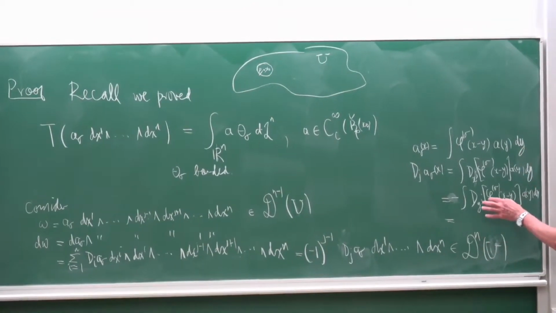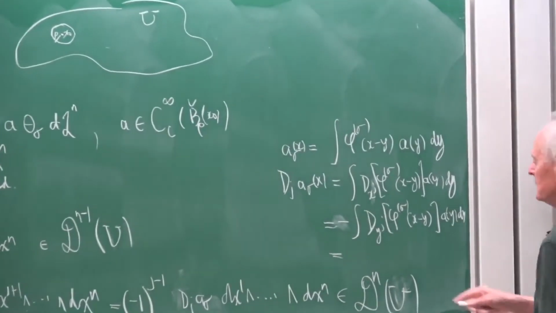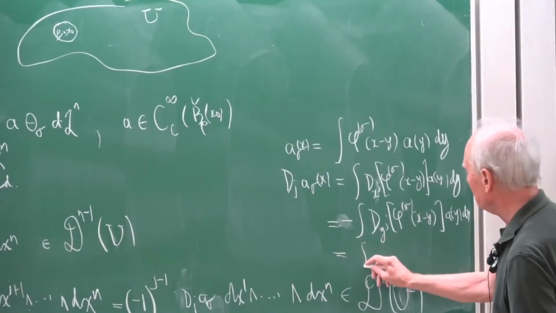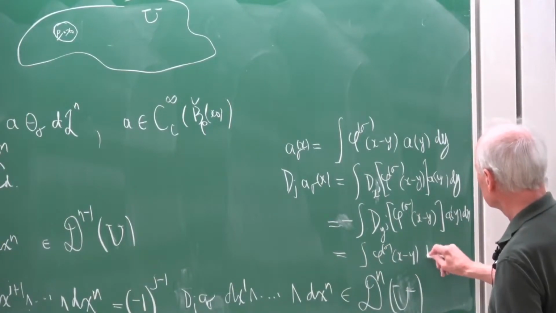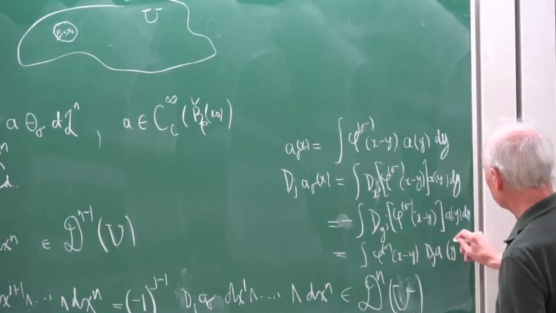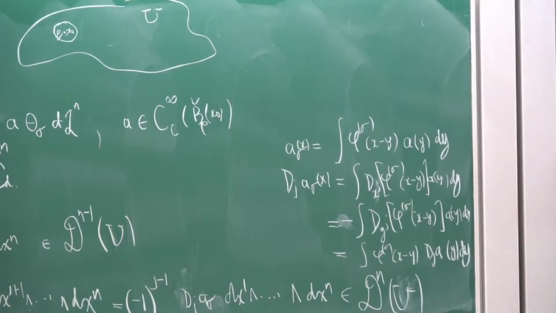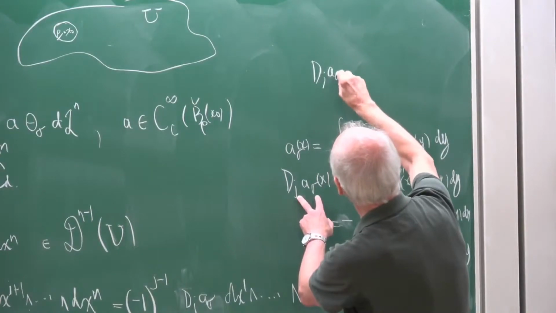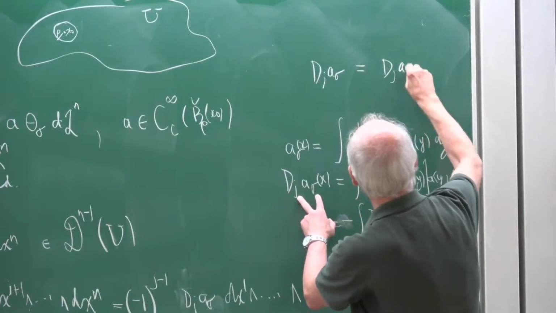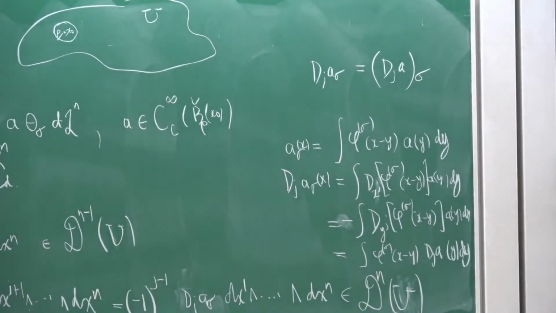Remember, this has compact support, and this does too, so you can integrate by parts. And the minus becomes plus. So this is phi sigma of x minus y times d_j A at y dy. The upshot of all that is that d_j of A sigma is the same as (d_j A) sigma. In other words, mollification and taking partial derivatives commute. You can either take the partial derivative first and then mollify, or mollify and then take the partial derivative.